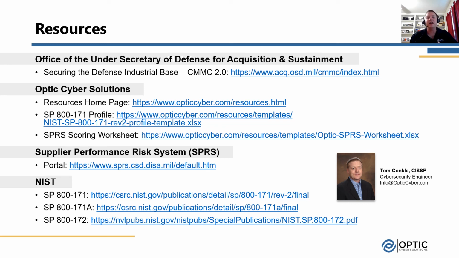We also have a worksheet for the SPRS worksheet to help with the scoring of that process. And you see here the portal for uploading that and some guidance from NIST for 171, 172, and 171A, or the assessment guidance that organizations can use to understand how 171 requirements will be assessed.